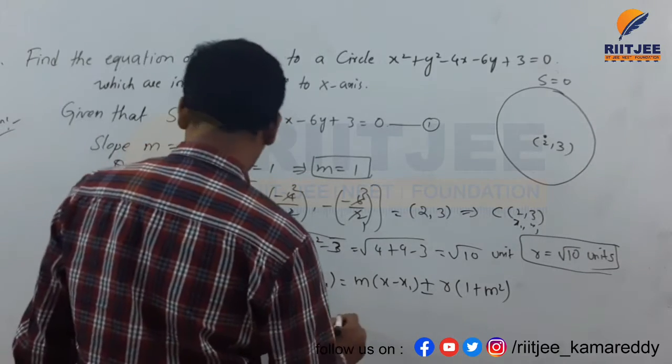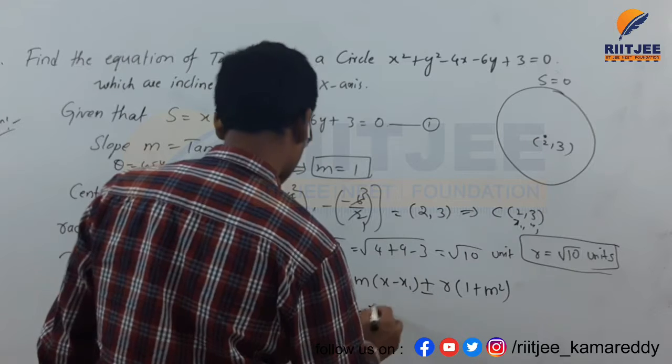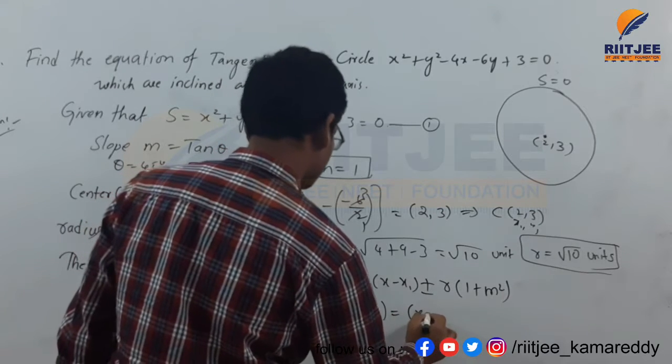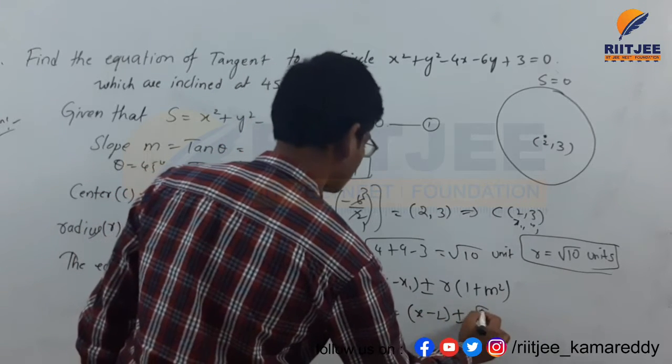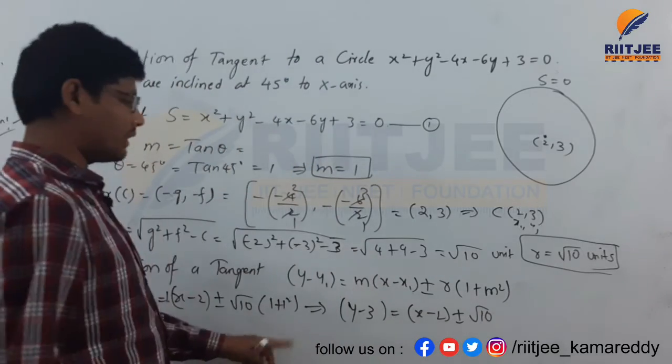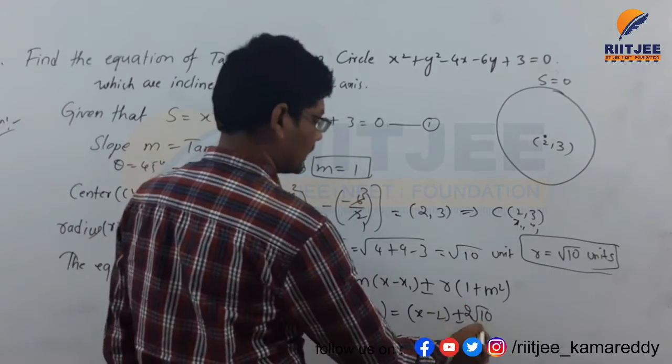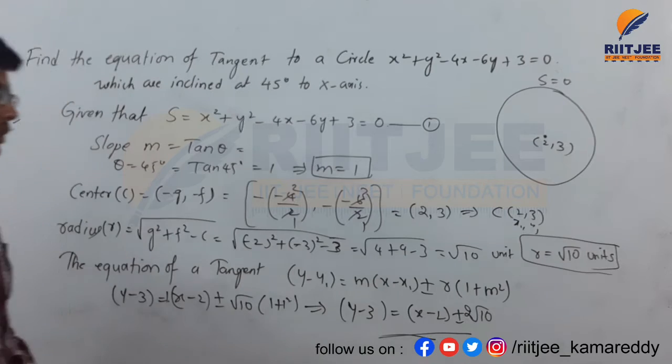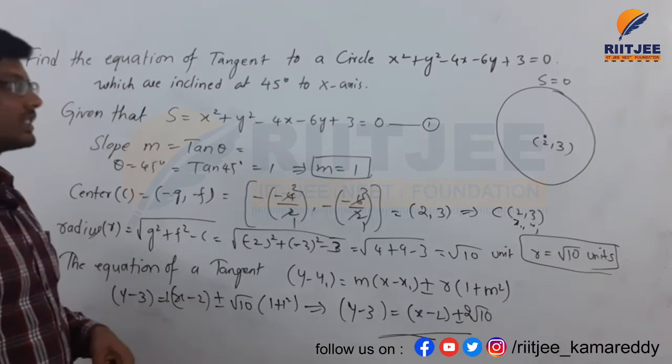So y minus 3 equals x minus 2 plus or minus root 10 into root of 1 plus 1, which is 2. So it is plus or minus root 10 into root 2. This is the final expression for the equation of a tangent when circle S equals 0 and the slope is given here.